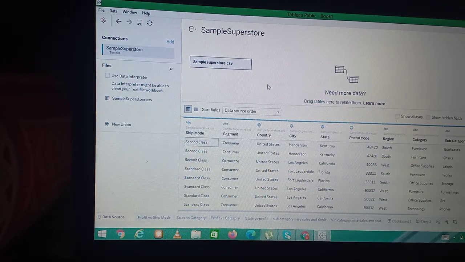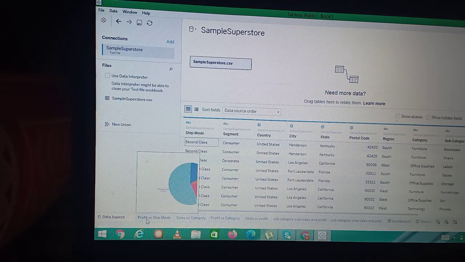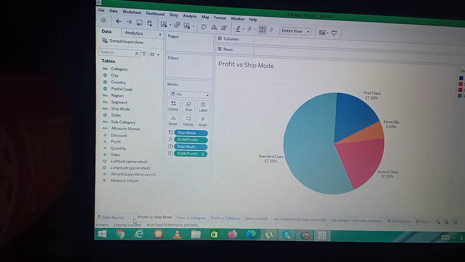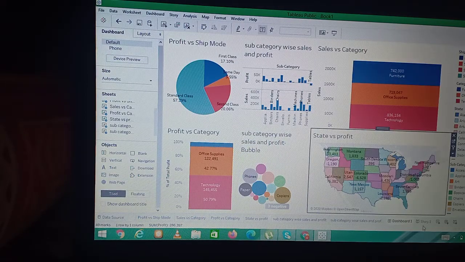So I've created some graphs according to this. So in the end I've created a dashboard like this, but I'll do it with the story, as it's written that you have to explain it through a storyboard.